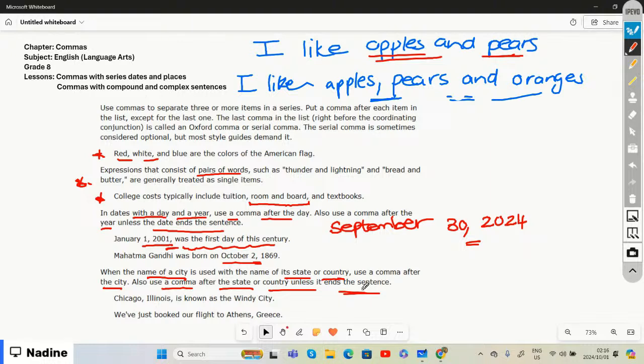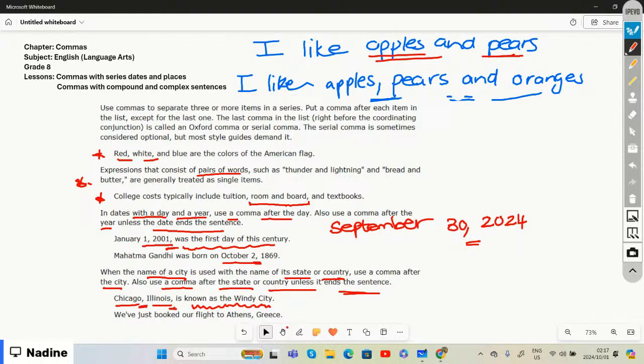And an example, where we add a city, state, and some other words thereafter. Here it says Chicago, comma, Illinois, comma, is known as the Windy City. Can you see we added a comma after the city?